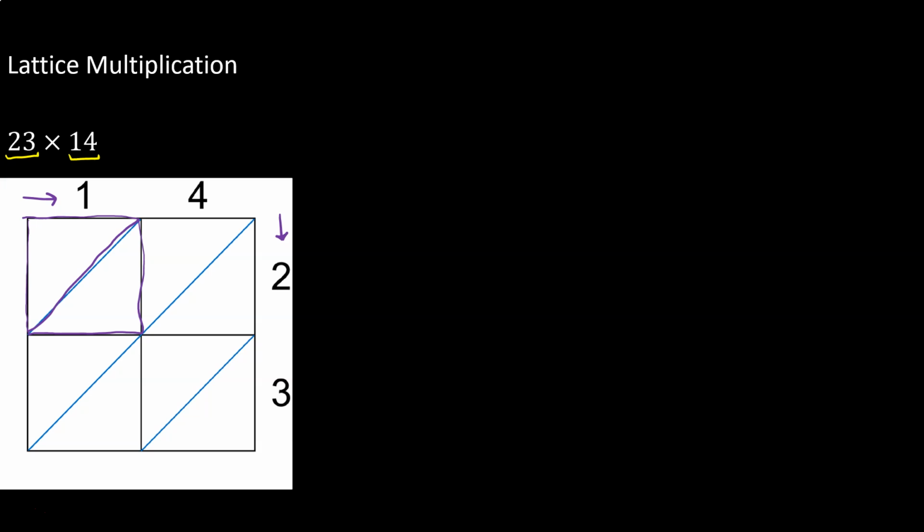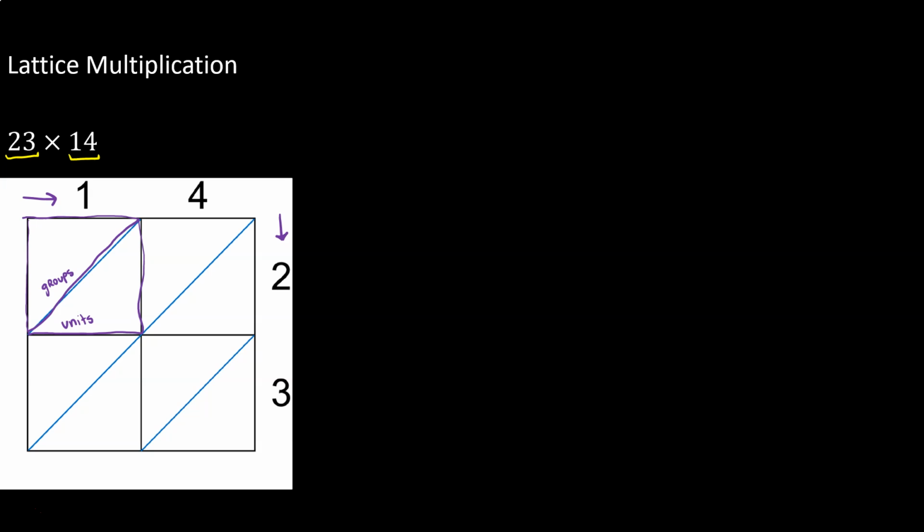And the reason it's slashed in half, you probably guessed, is to separate the units and the groups. So as we go through this lattice algorithm, we're going to multiply number by number from each row and column, and we're going to write the number separating the digit that represents groups and the digit that represents units.